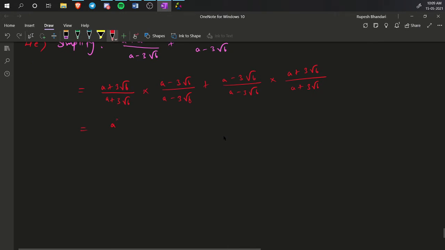So a square minus 3 under b square, right? And then after that, a square minus 3 under b square, a square minus 3 under b square.